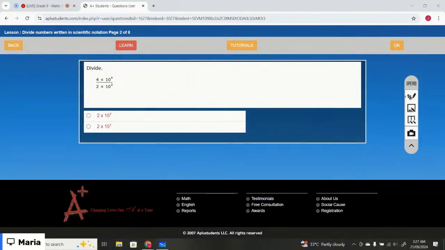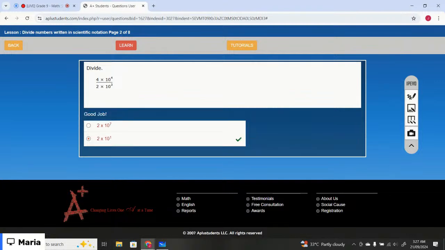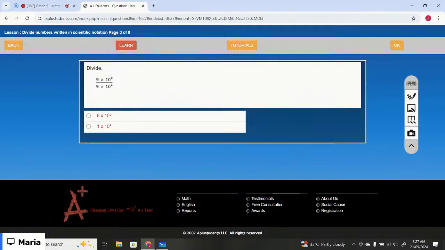And now you can do the next one and write down the answer in the chat box. The next one is 9 times 10 exponent 5 divided by 9 times 10 exponent 1. So which is the correct option?